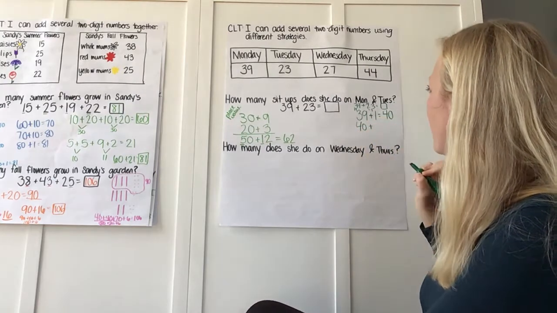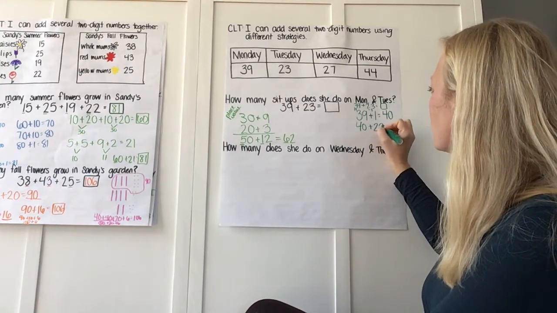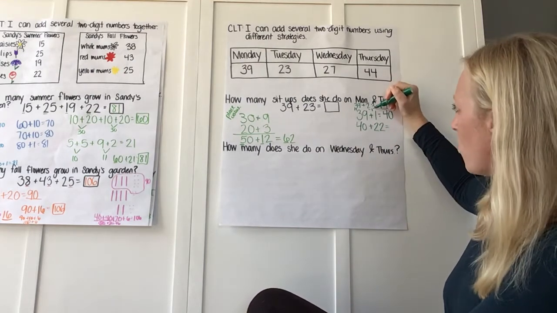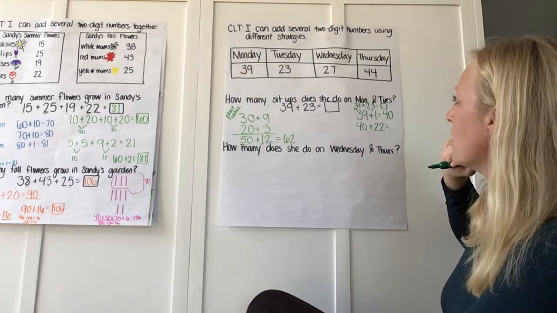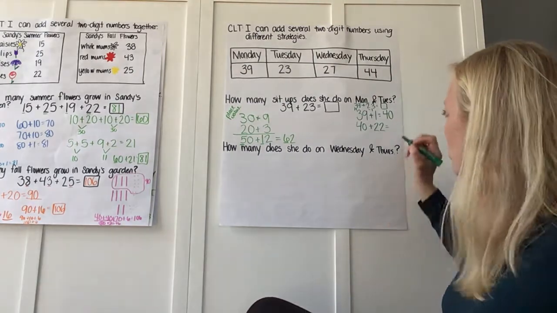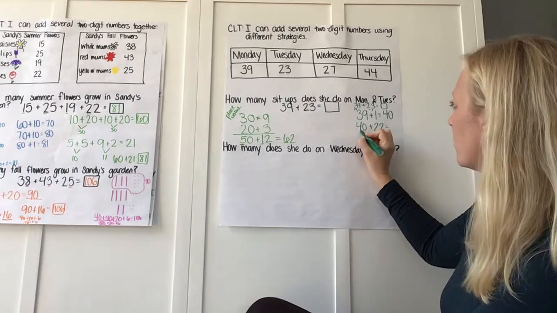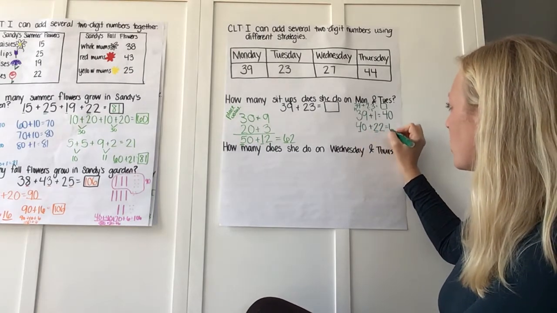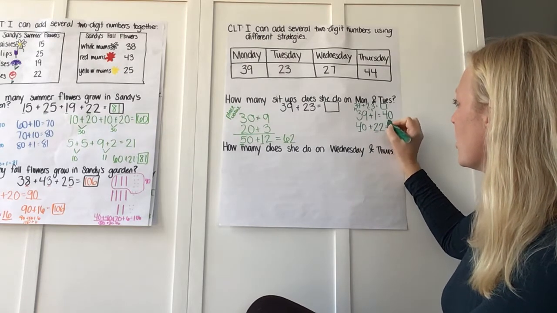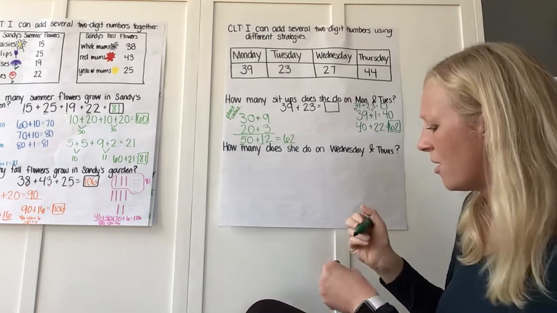What did you add to that 40? Why 22? Because you took away 1 from 23 to add it to 39, so you had to take 1 away from 23, which is 22. So what was your total? 40 and 20 equals 60. 0 and 2 equals 2, and you got 62 as well.